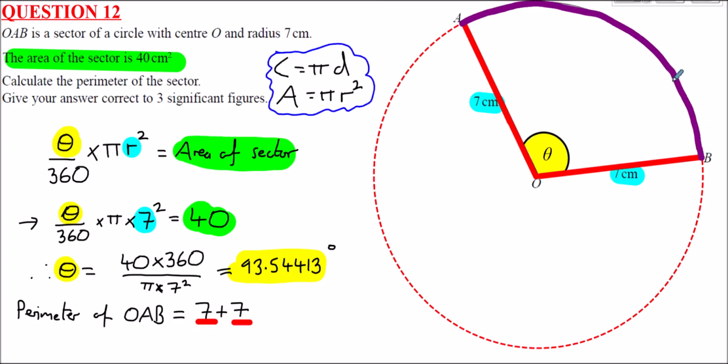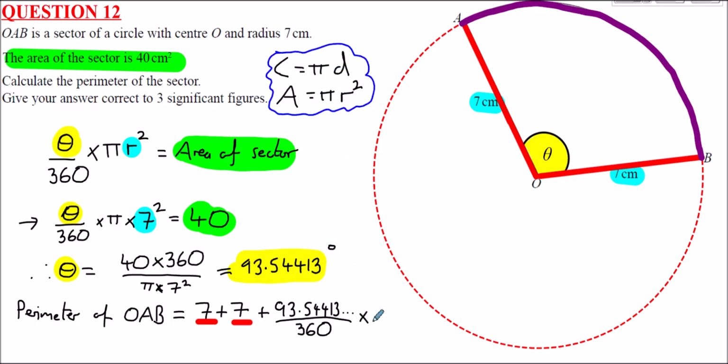So this is called an arc. From A to B there is an arc. It's a fraction of the full circumference. And so the fraction of the full circumference, again, is going to be this fraction here. So it's going to be theta over 360. But we now know that theta is this 93.54413 and so on. So it's that fraction of a full circle multiplied by the circumference.